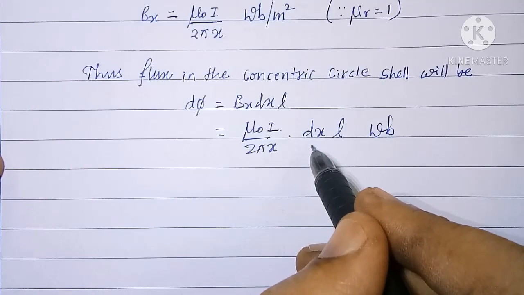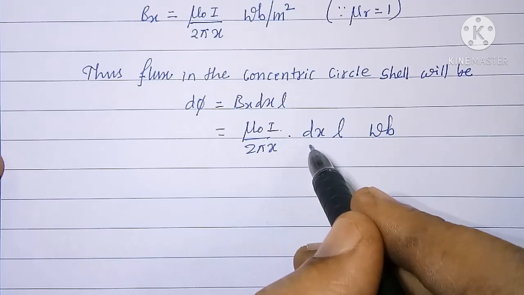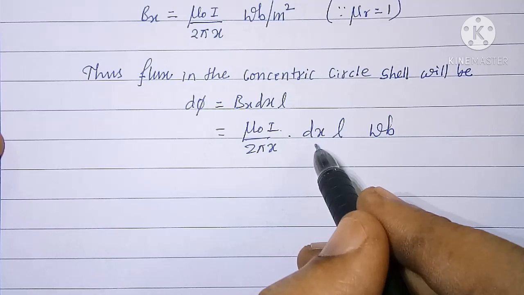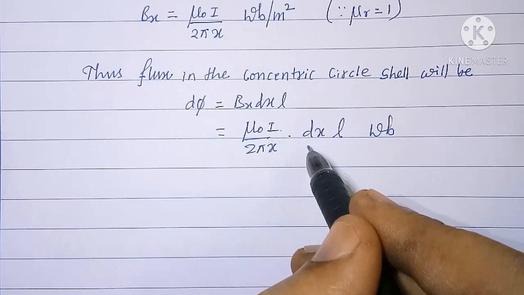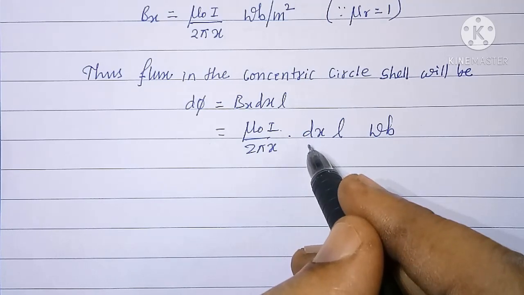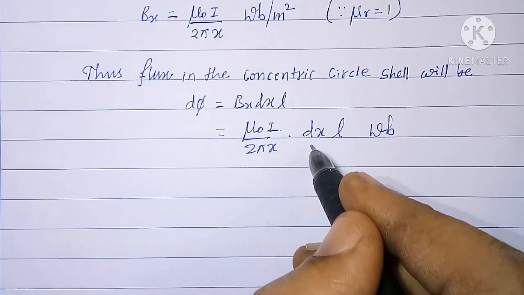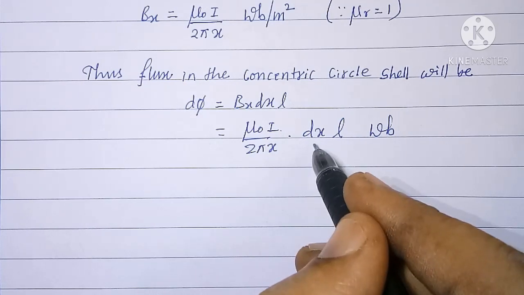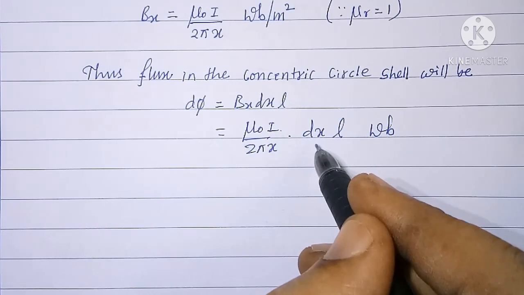Here dx is again the width of the rectangular strip about which I have explained previously while explaining the inductance due to internal flux linkage of the conductor.